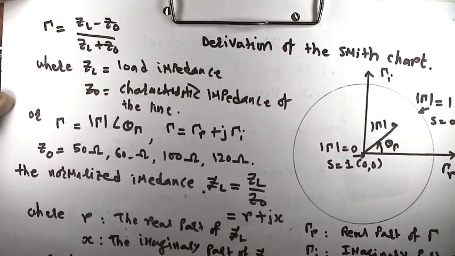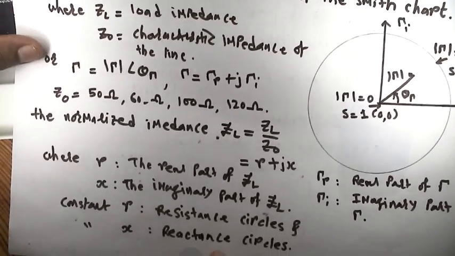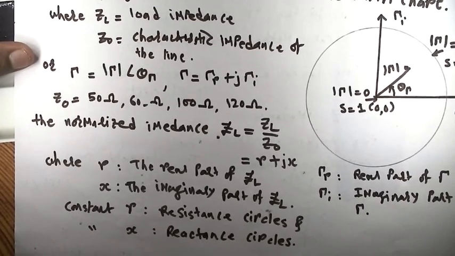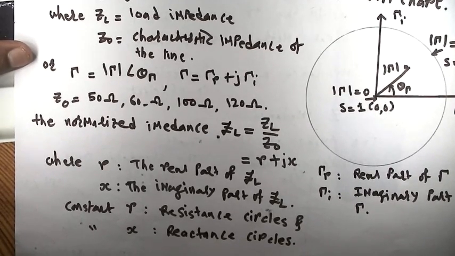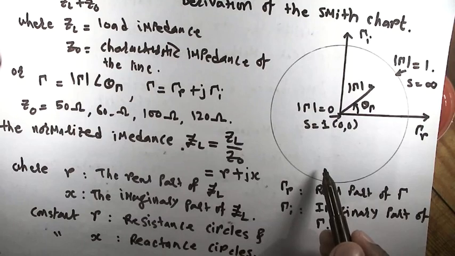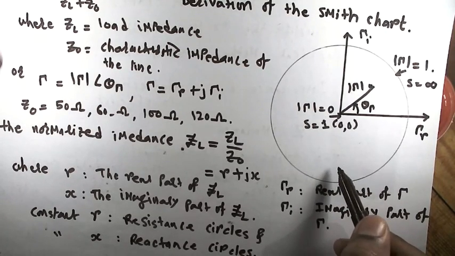Once we have the constant R circles and constant reactance circles, we can superimpose these two circles over this gamma plane, and we will finally obtain the standard Smith chart.